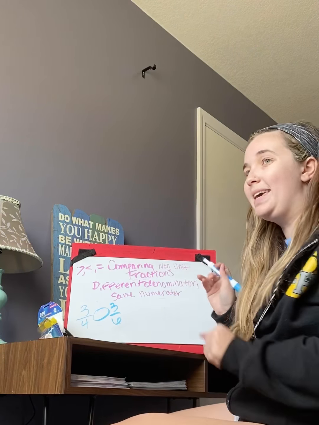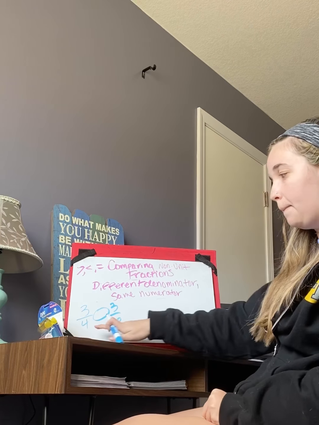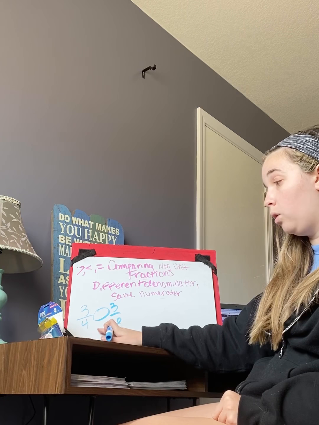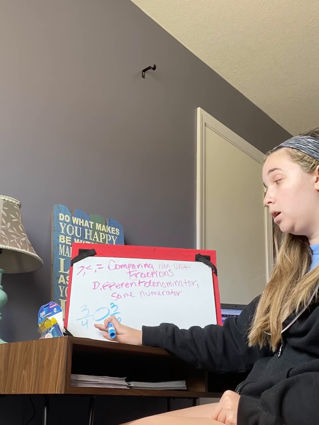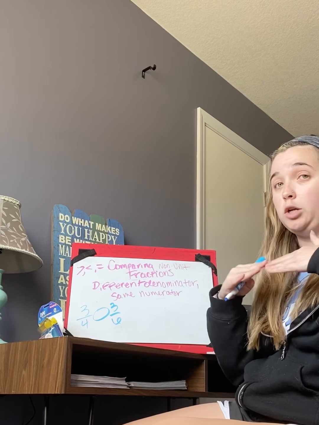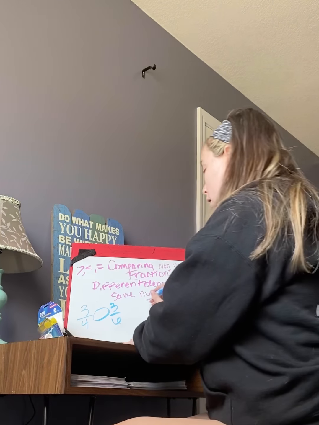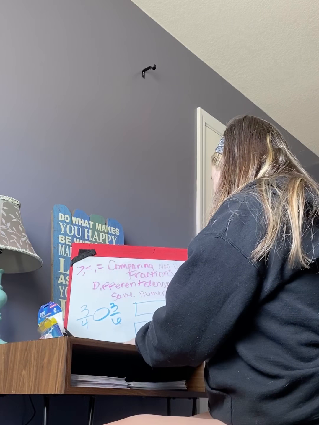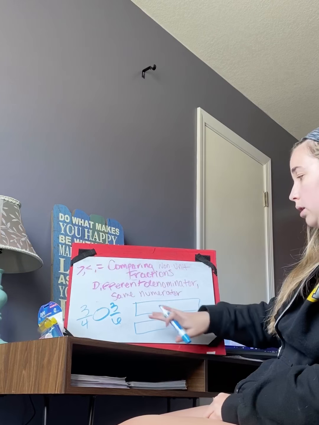Okay, so again, our numerators are the same, but the denominators are different. So it's really important for you to know that just because the numerators are the same, it's not automatic that they're equal to each other. You have to pay attention to the denominator. So I'm going to draw my fraction bars. Make sure your fraction bars are equal to each other because we want to compare them equally.